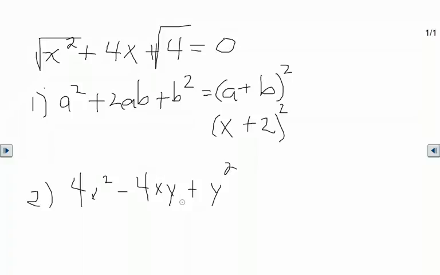There's completing the square. Got that one. I don't need completing the square, I need factoring. Function, domain, and range.